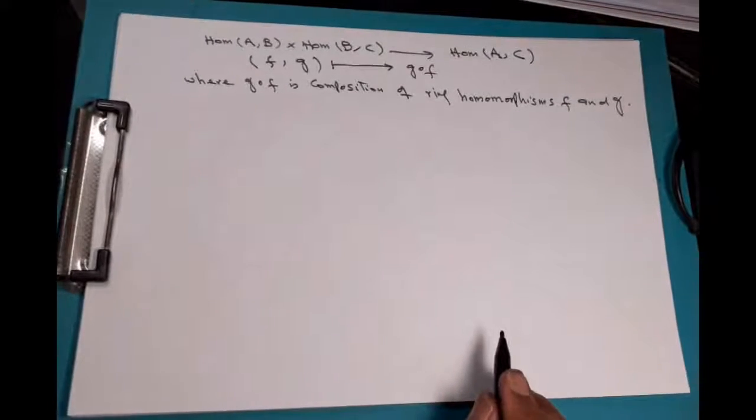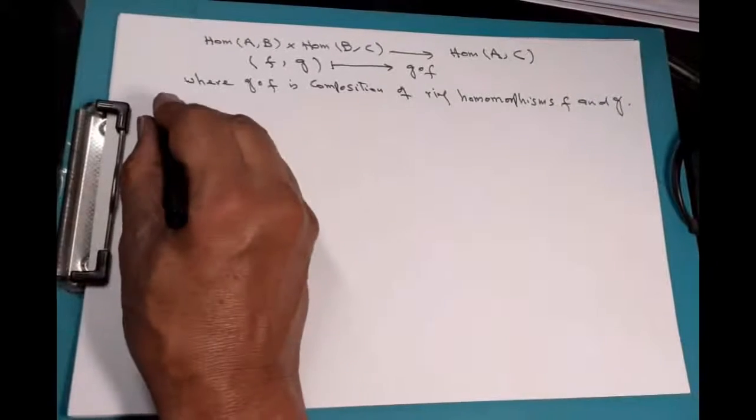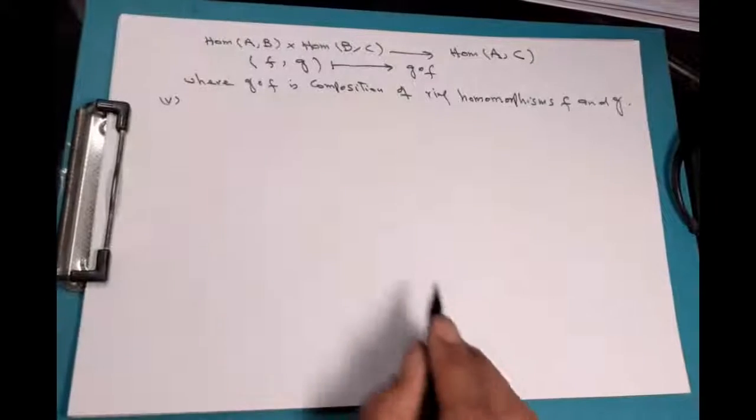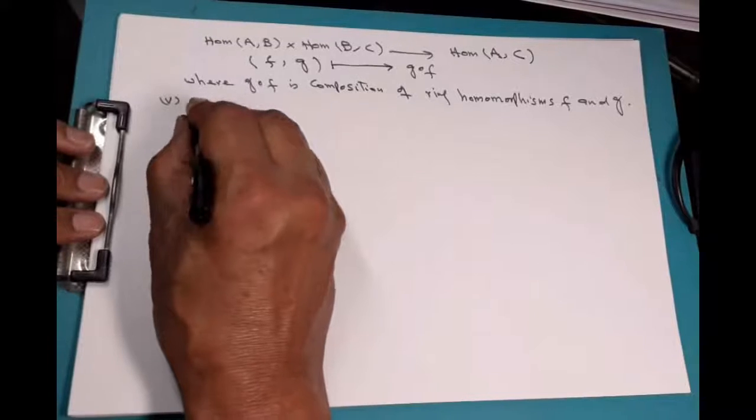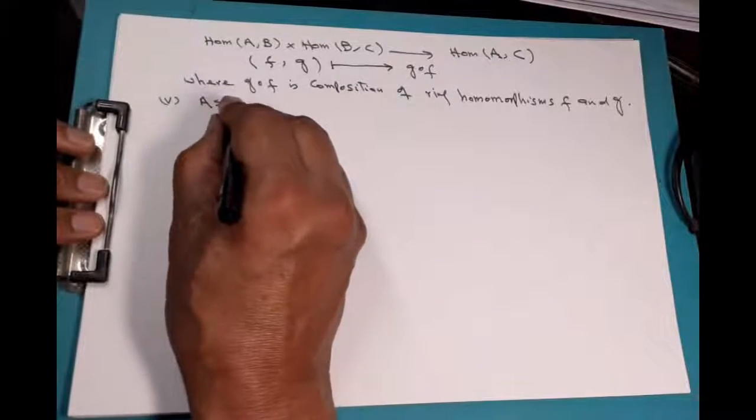And then at number 5, as in previous cases, we are going to say that composition of ring homomorphisms is associative. So this is the associativity condition.